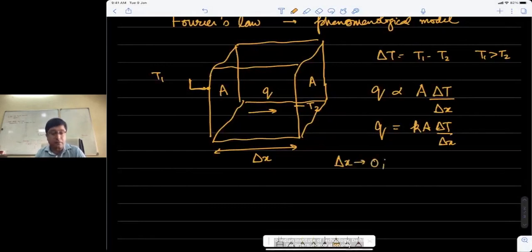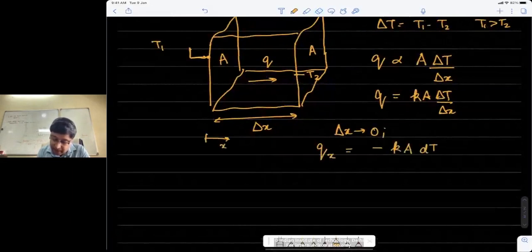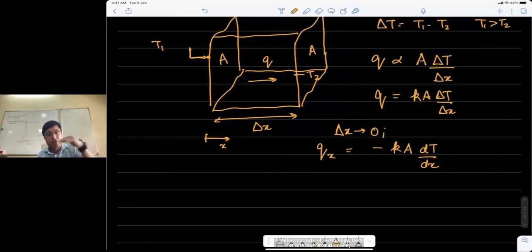we get a better description of Fourier's law, where we can now write the heat transfer rate only. If I define the x direction like this, Qx is minus K A dT/dx, where we have the same description as earlier, except I have brought in a negative sign to account for the fact that the energy transfer will happen from a higher to a lower temperature.